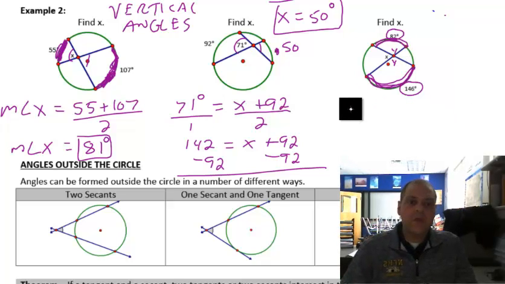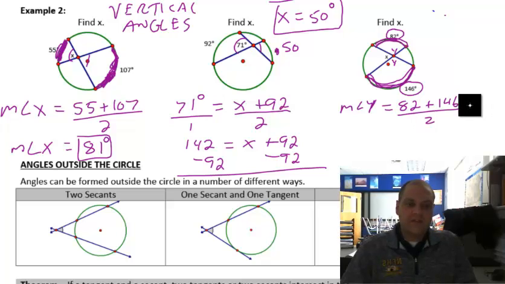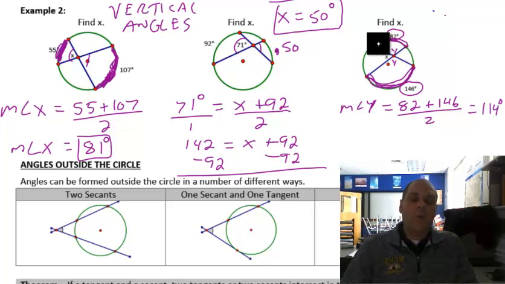They're the same thing. So angle Y, the measure of angle Y is going to be 82 plus 146 divided by 2. And that's going to be 114. So now I know angle Y, but that's not what I wanted. I wanted angle X. Well, if I know this is 114, look at this, guys.